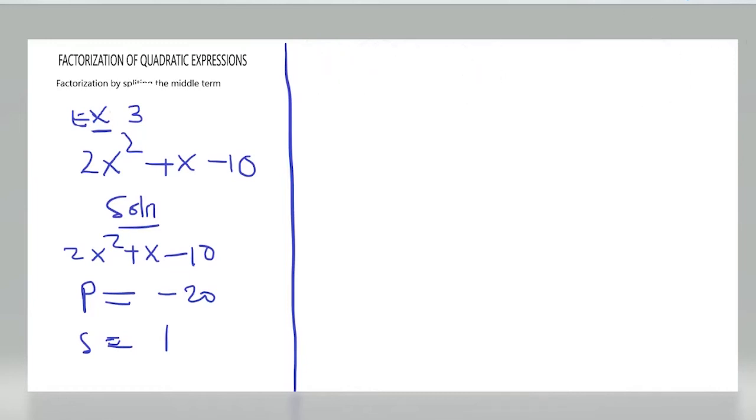Now, in this case, I have 2x squared plus 5x plus negative 4x, or just write this one, minus 4x, then minus 10.